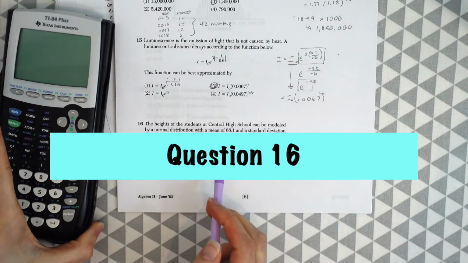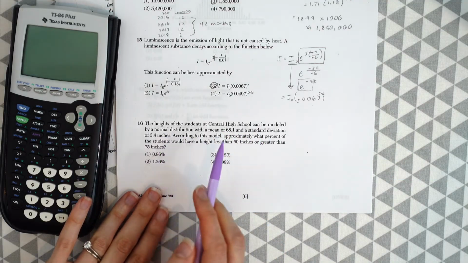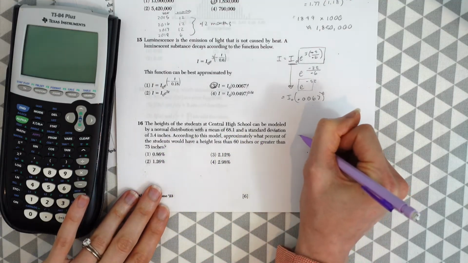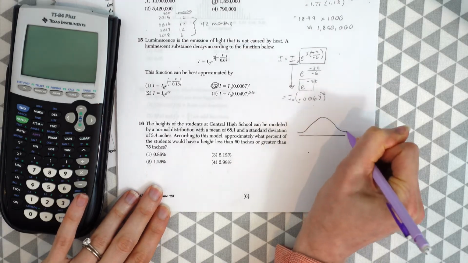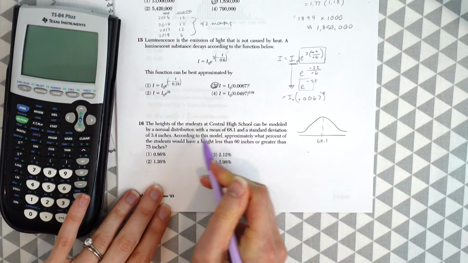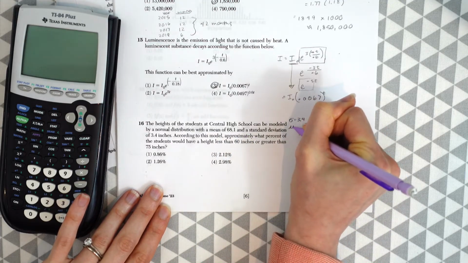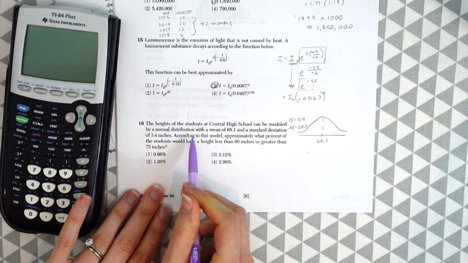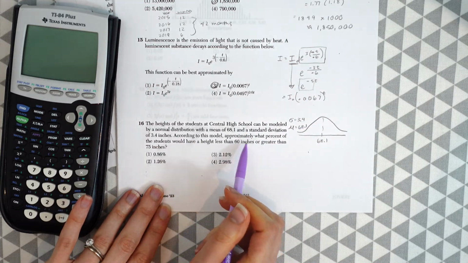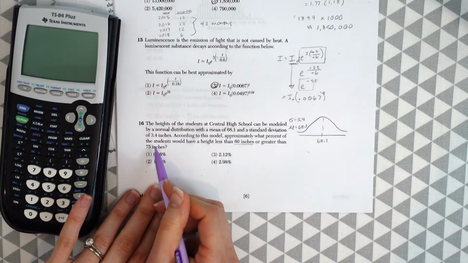Question 16. The heights of the students at Central High School can be modeled by a normal distribution with a mean of 68.1. So we have a normal distribution with a mean of 68.1 and a standard deviation of 3.4 inches. According to the model, approximately what percent of the students would have a height less than 60 inches or greater than 75 inches?